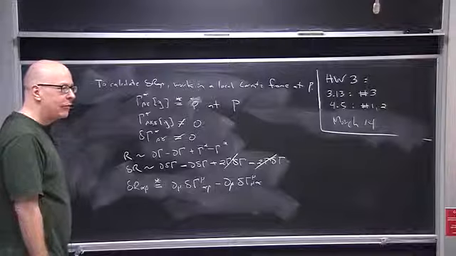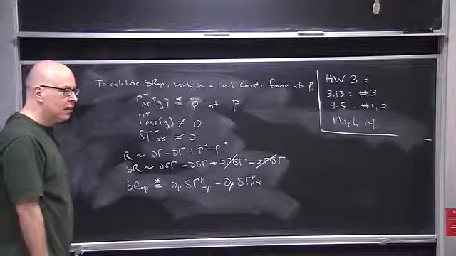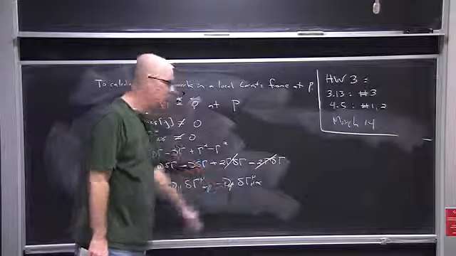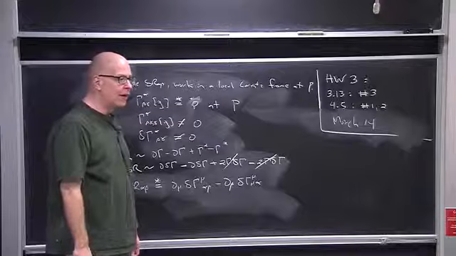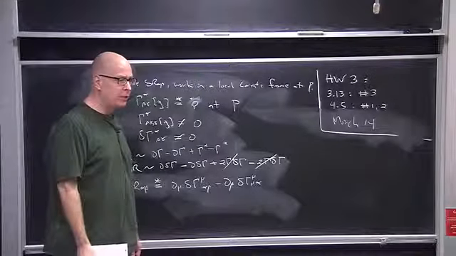And now we do the magic thing where we turn this into a properly tensorial equation by replacing this partial derivative and this one by covariant derivatives, covariant derivatives defined with respect to the background metric.